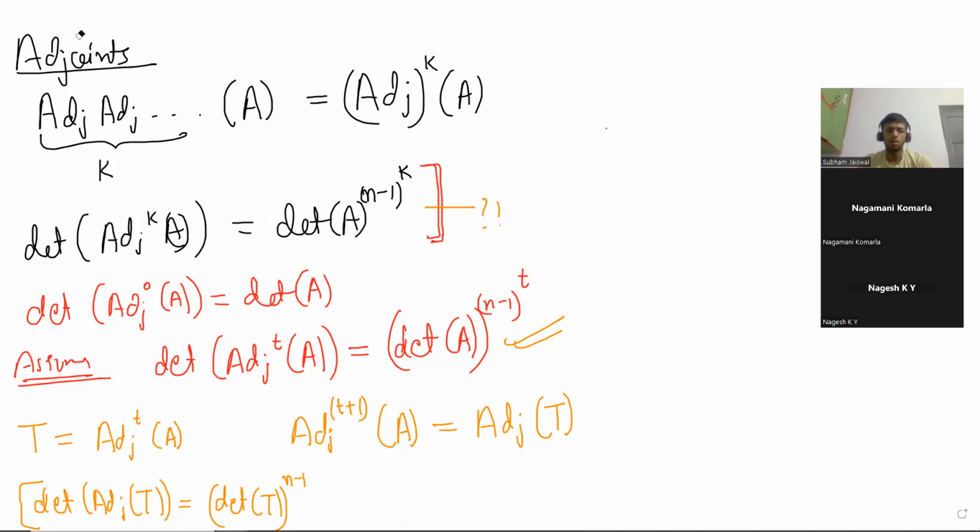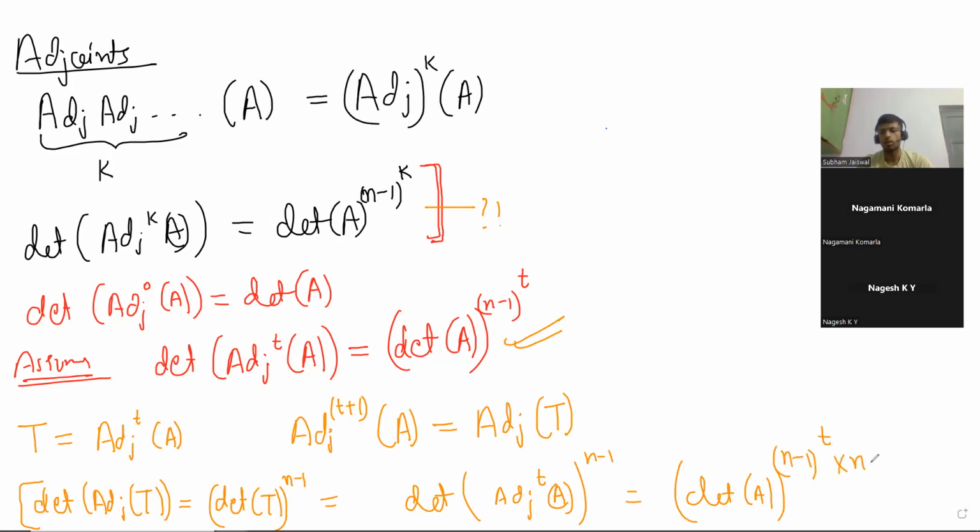So this is true. And then the determinant of A_t, that is just what? That is determinant of adjoint of A_t, to the power n minus 1. And by induction hypothesis this is equal to (n minus 1) to the power t.